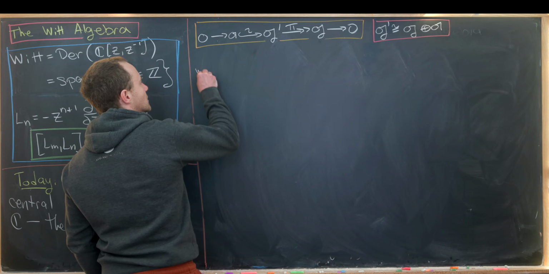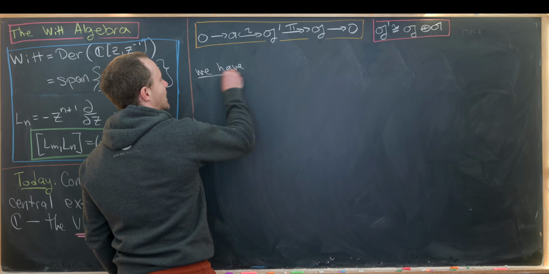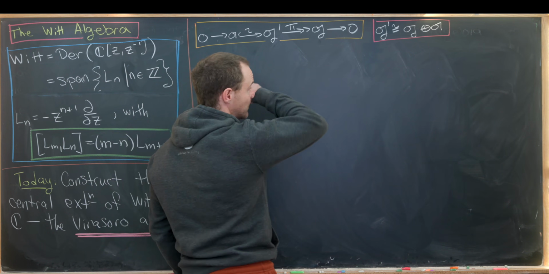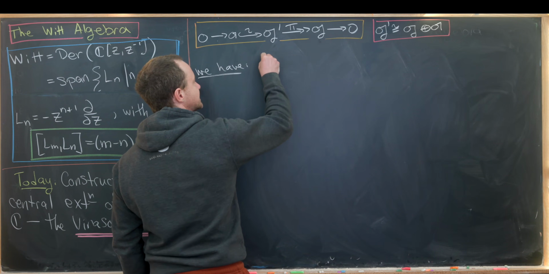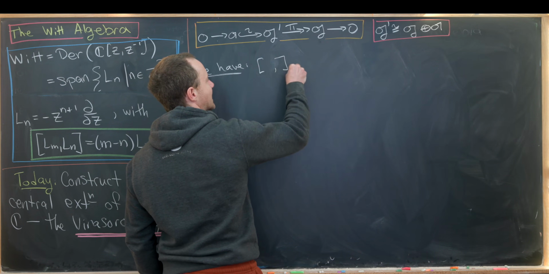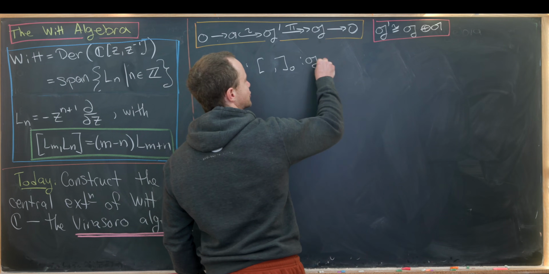Then also, we already have a bracket on G. That's given to us, like over here with Witt. So maybe just for simplicity, I'll call that bracket underscore 0 because that's the one we're starting with.